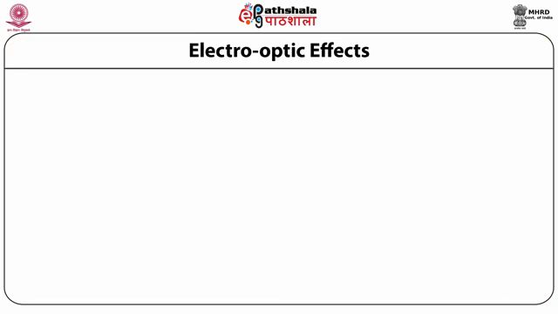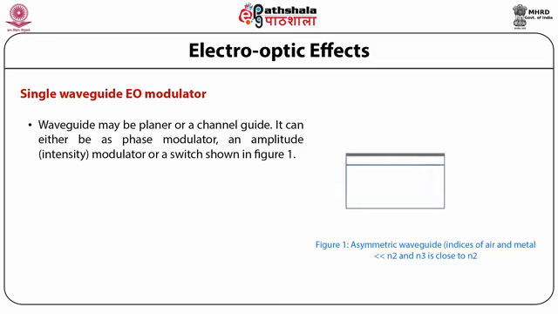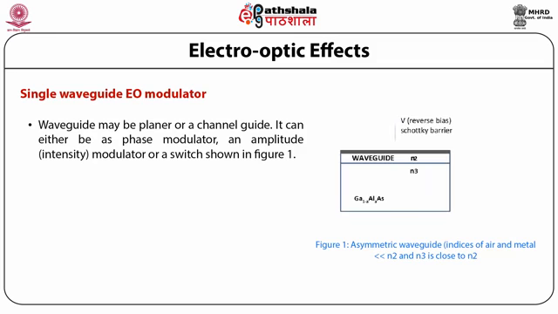Now let us discuss a single waveguide EO modulator. A waveguide may be planar or a channel guide. It can either be a phase modulator, an amplitude or intensity modulator, or a switch as shown in this figure.